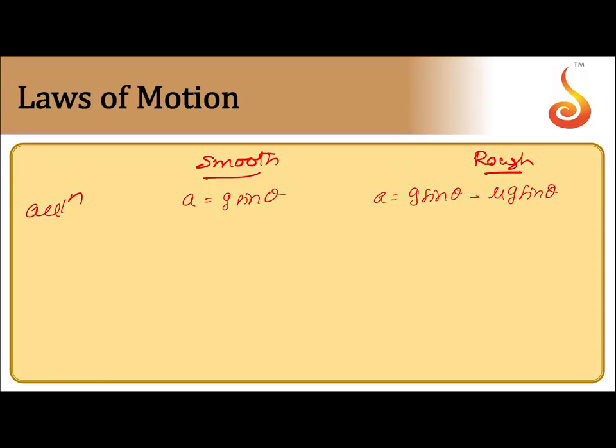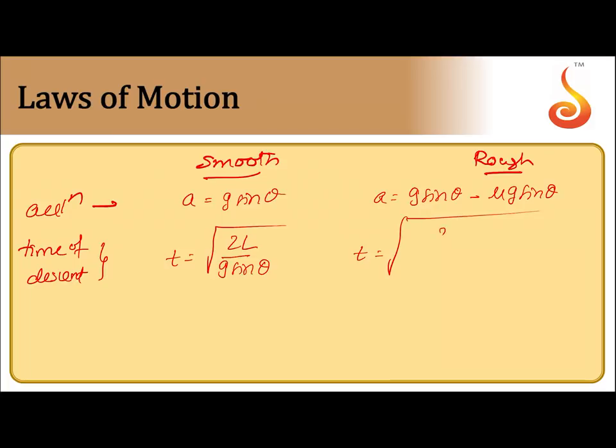It is mu k in fact, but most of the times static coefficient and kinetic coefficient are taken to be the same. Not necessarily all the time, even then. Time of descent, that is what we saw. Time of descent is given by square root of 2l divided by g sin theta. However, in this case it is square root of 2L divided by g sin theta minus mu g cos theta.